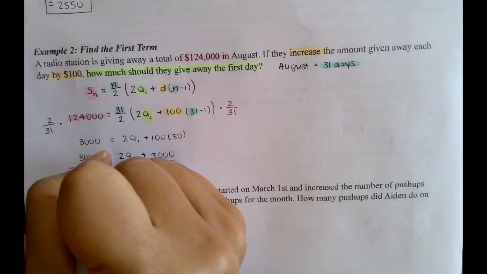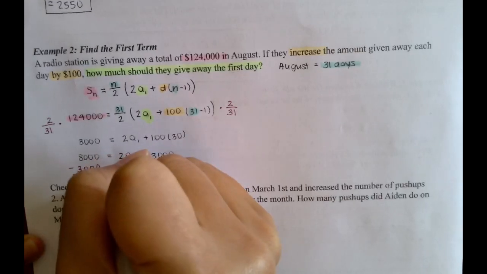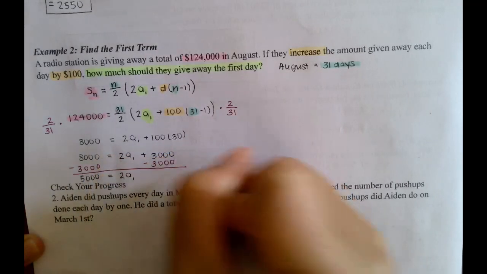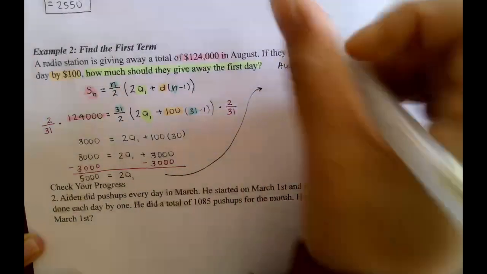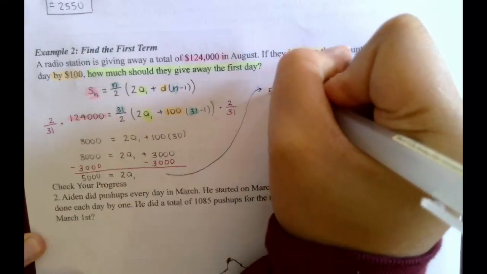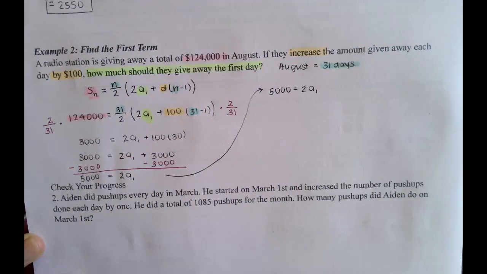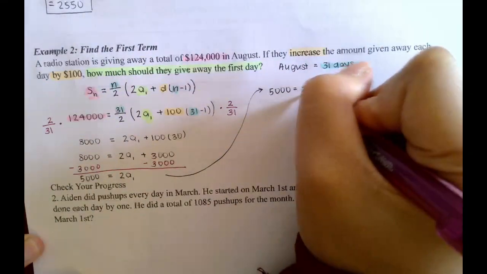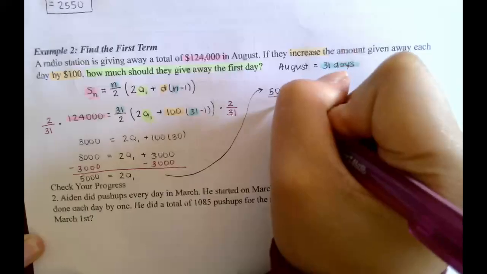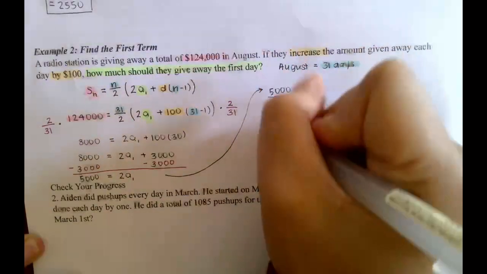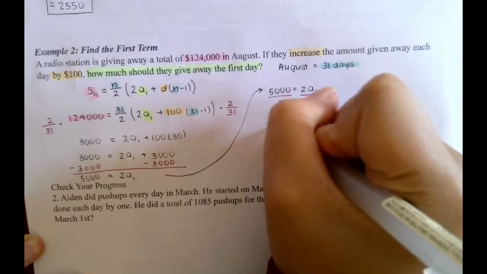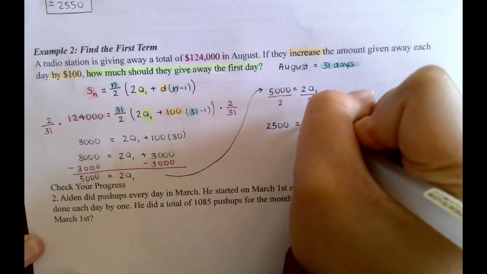And this gives me 5,000 equals 2 times the first term. So let me just rewrite it up here. So 5,000 equals 2 times the first term. Okay, so since this is 2 times that, I'm going to get rid of it by doing the opposite of times, which is divide. And then 5,000 divided by 2 is 2,500 equals a sub 1.